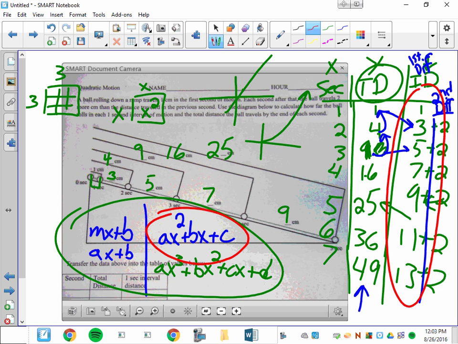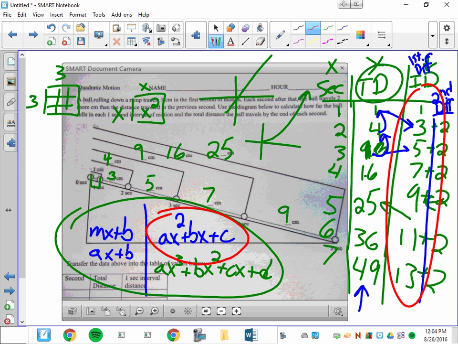So 2x plus 1, if you plugged in 1, you'd end up with 3. We want 2x something equals 1. 2x plus 0 would be 2. Subtract 1. So that equation is 2x minus 1. And that way, when you plug in 1, you get 1. When you plug in 2, you get 3. So that is the equation there.